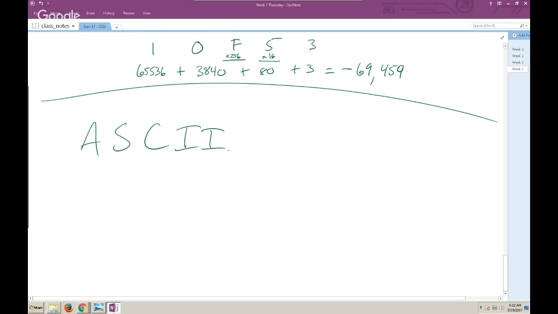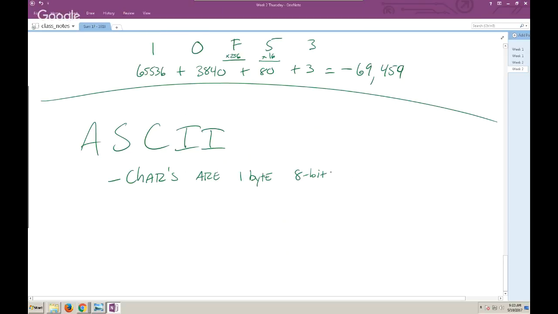Now, ASCII is a standard way of representing text, and it has a couple of characteristics you should know that will help us figure some things out. For example, in ASCII, every character is 1 byte. Meaning they're how big? What's a byte? 8 bits, right? 2 nibbles. Every character is 1 byte or 8 bits.